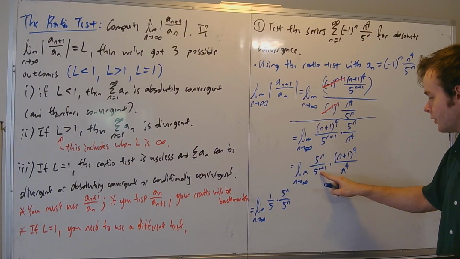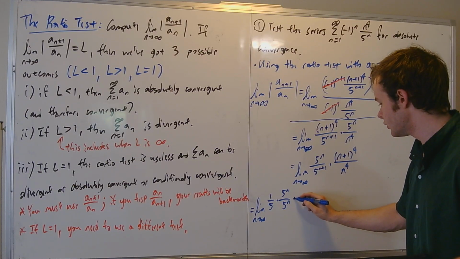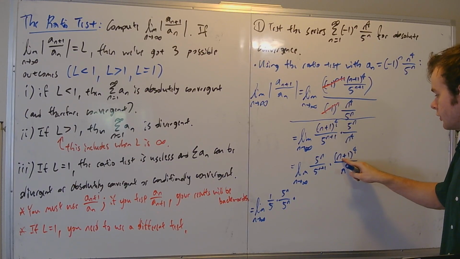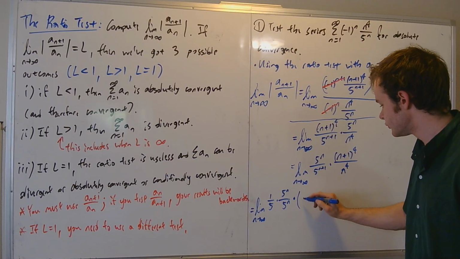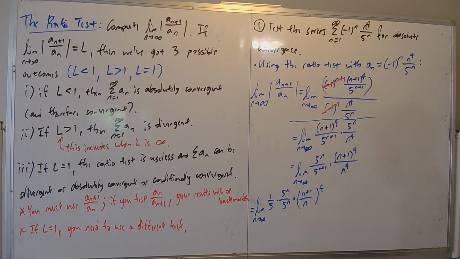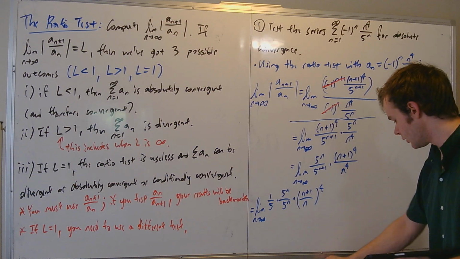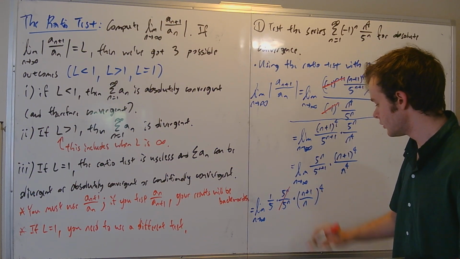Right, so all I did was factor out one of these copies of 5, and now I'm going to do something over here. If we've got this to the 4th over this to the 4th, that's the same thing as n plus 1 over n to the power of 4. Okay, now we can say, well, 5 to the n over 5 to the n, that cancels out.